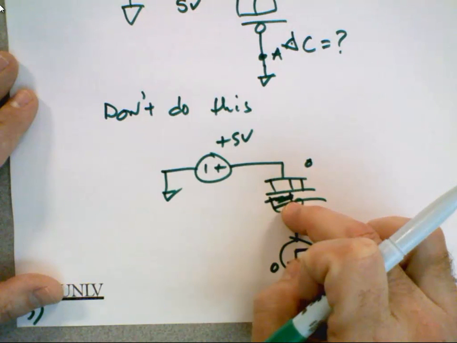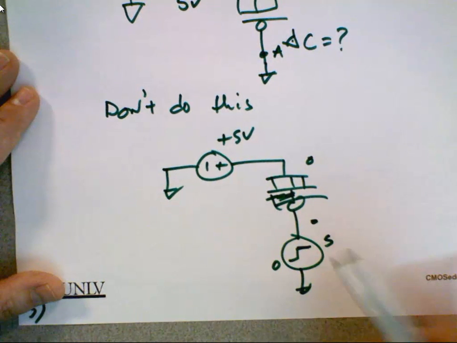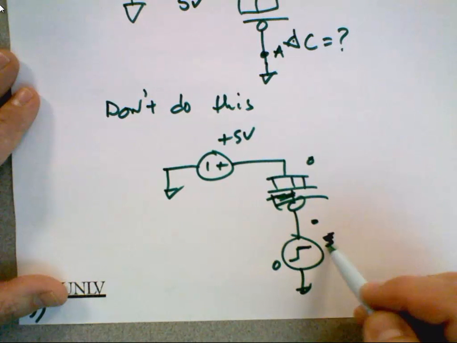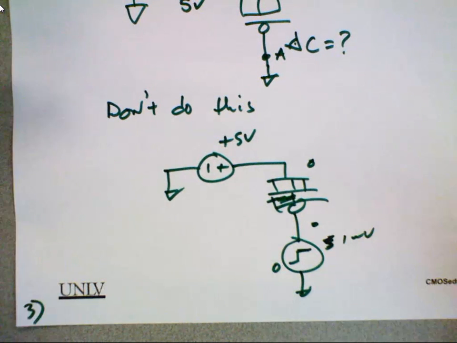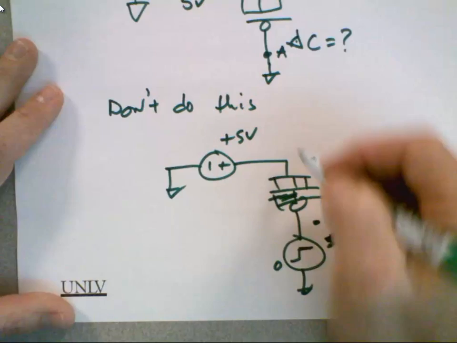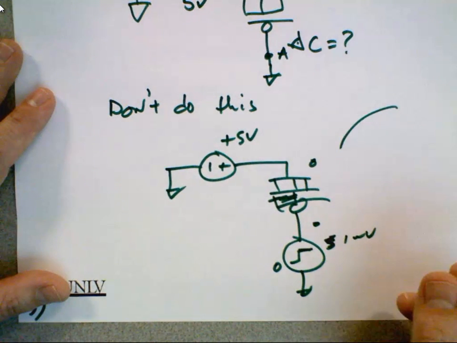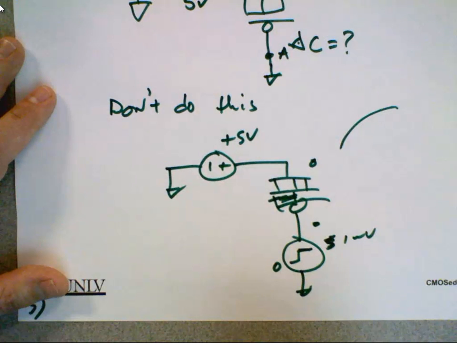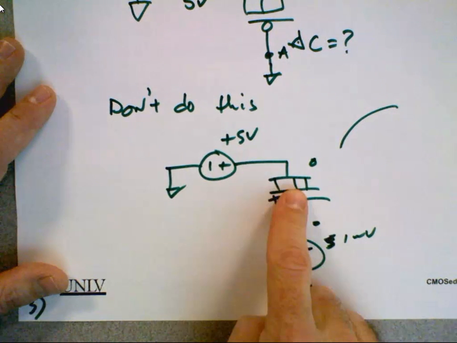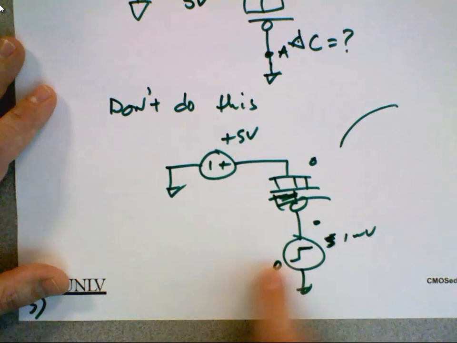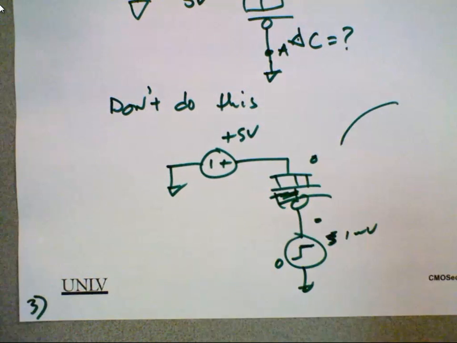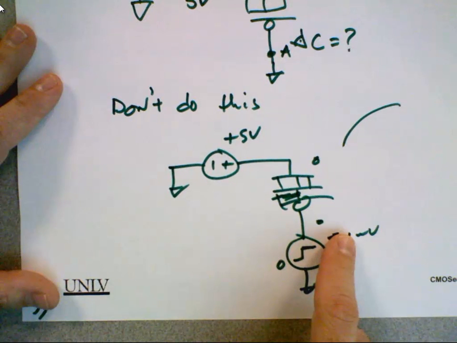Okay? So if I want to verify it, what I want to do is put 0 to 1 millivolt. Does it matter? No. It just matters that you're going to see an RC, but the actual amplitude doesn't matter. When you make measurements in the semiconductor industry and you try to measure capacitances with MOSFETs, they use small signals like this, measure the frequency response or the step response, and measure the delay.